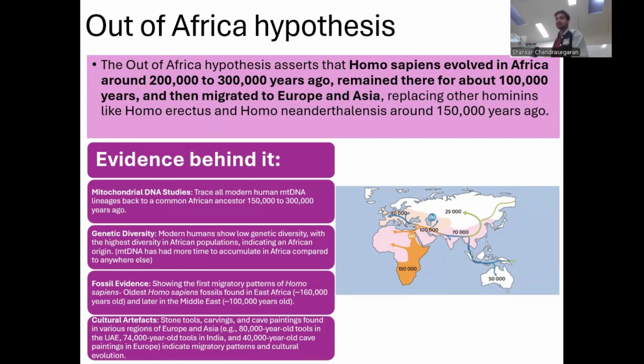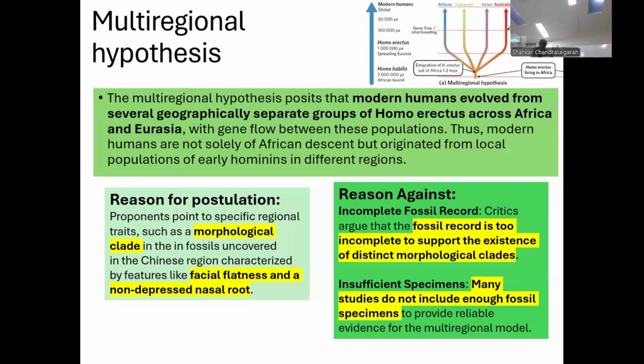Whereas the multi-regional hypothesis is saying that modern humans evolved from several geographically separate groups of Homo erectus across Africa and also Eurasia, be that Europe, Asia, or Australasia, and that modern humans originated from local populations of early hominins that had gene flow and interbreeding among them, eventually giving rise to Homo sapiens.